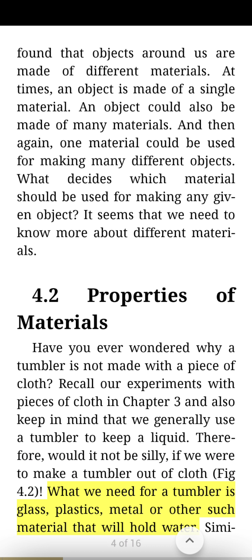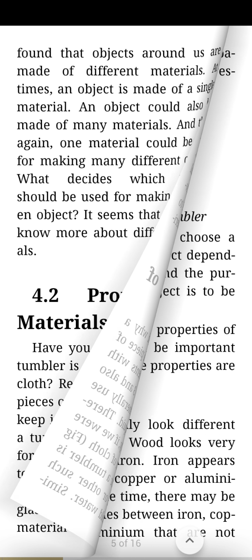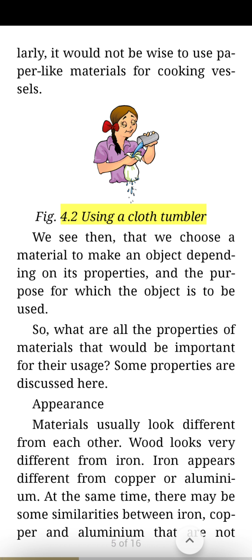What we need for a tumbler is glass, plastics, metal, or other such material that will hold water. Similarly, it would not be wise to use paper-like materials for cooking vessels. Fig. 4.2 Using a cloth tumbler. We see then that we choose a material to make an object depending on its properties and the purpose for which the object is to be used.